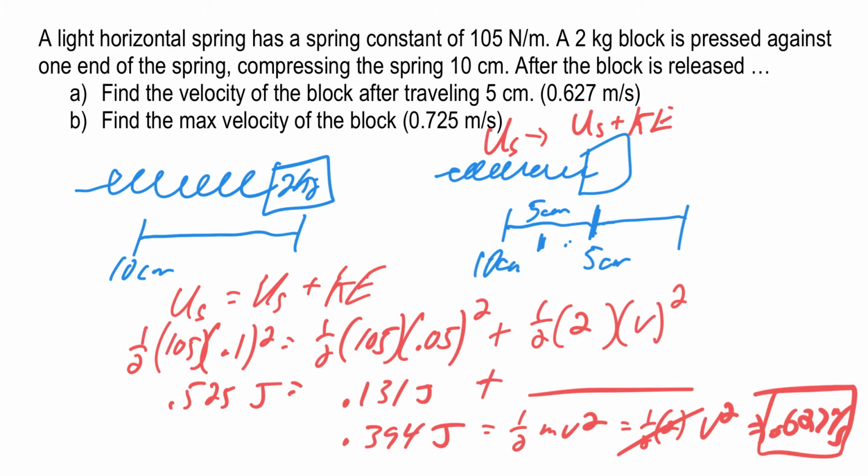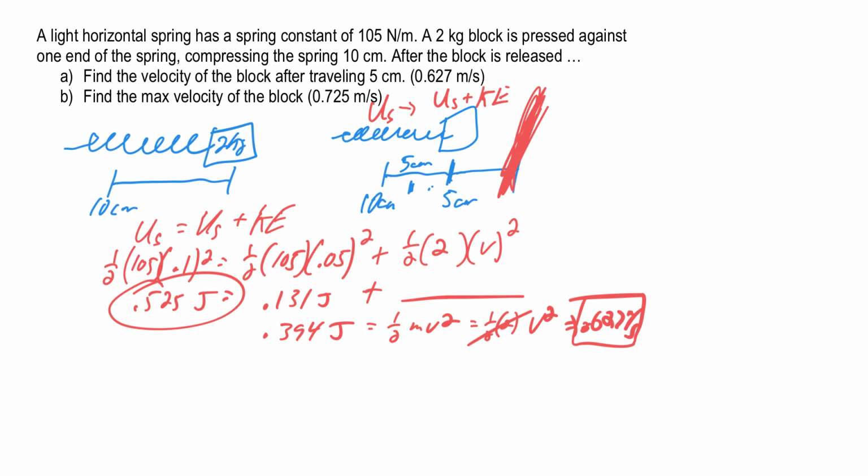Okay, what's the max velocity? Well, that's fairly easy, right? The max velocity happens when we go back to equilibrium, so like right here. So that means all that potential energy, 0.525 joules, all of that gets turned into kinetic energy. So relatively speaking, that's fairly easy compared to that one we just did.